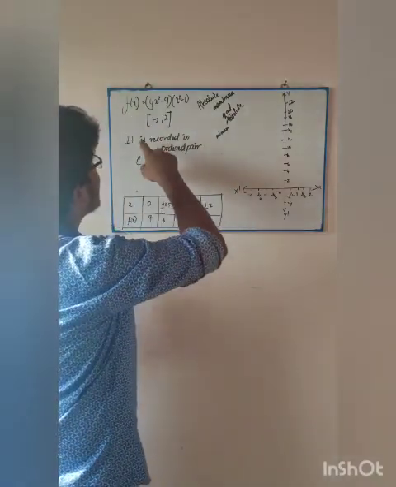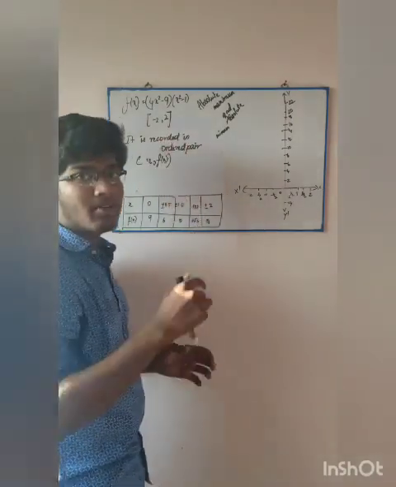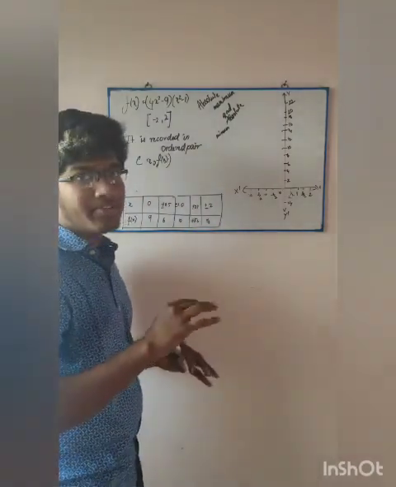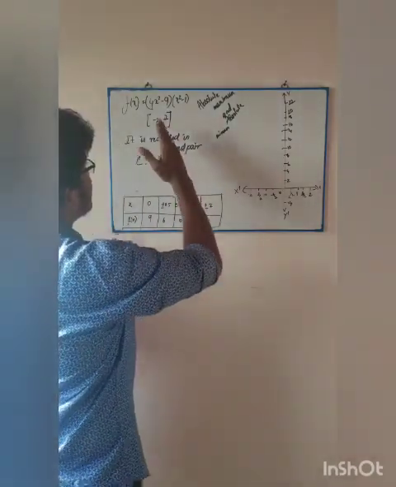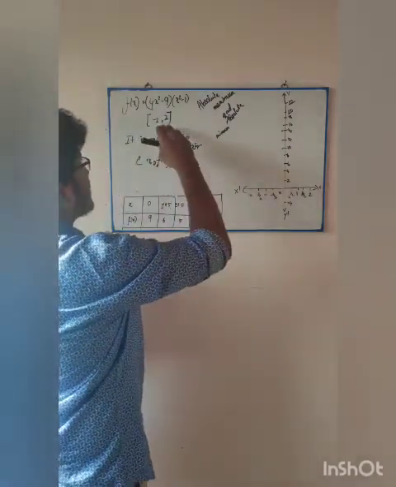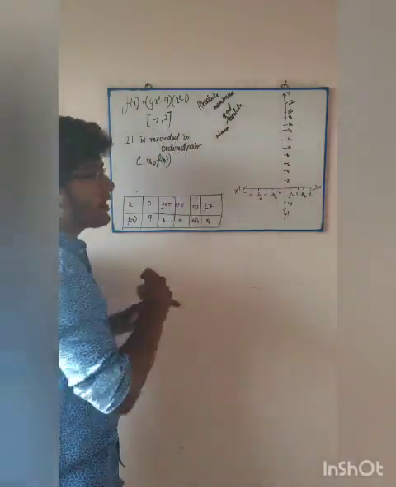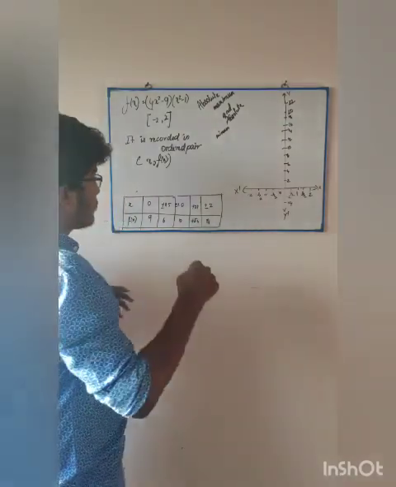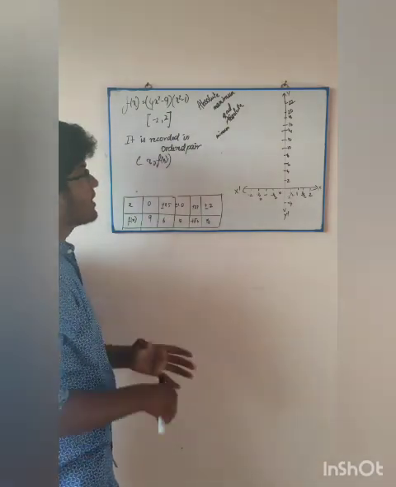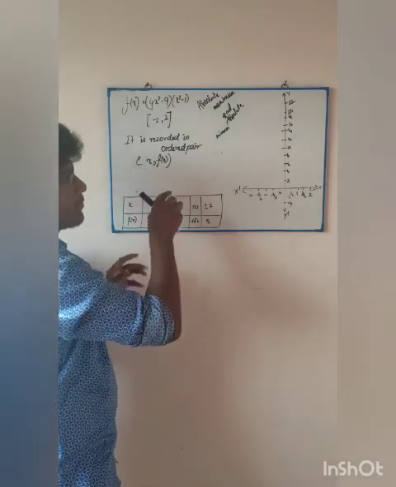The function f of x is equal to 4x squared minus 9 into x squared minus 1. We take the definite interval, that is the closed interval, minus 2 to plus 2. The values are substituted from minus 2 to 2, and we observe the values of x and f of x and record them as an ordered pair, x comma y is equal to f of x.